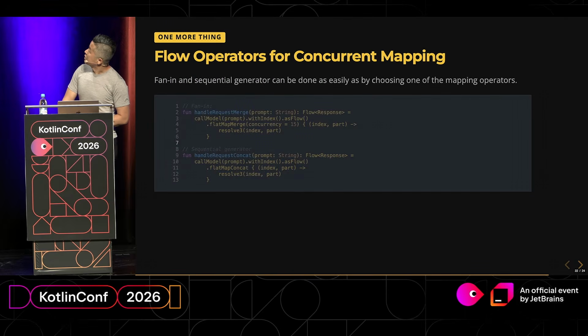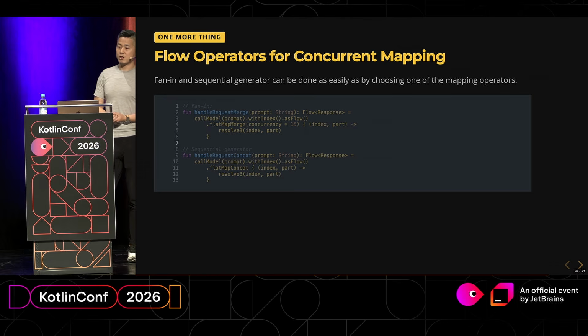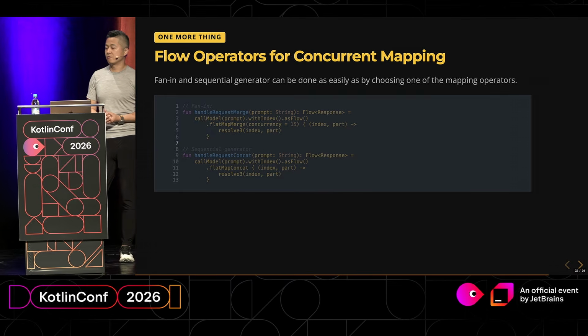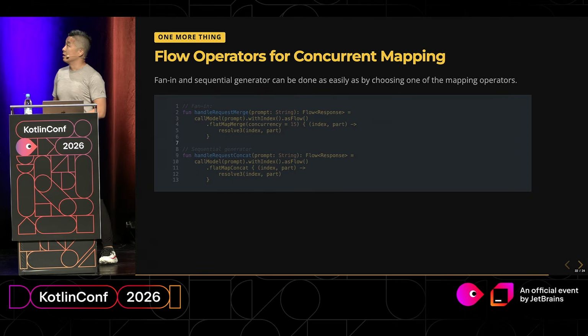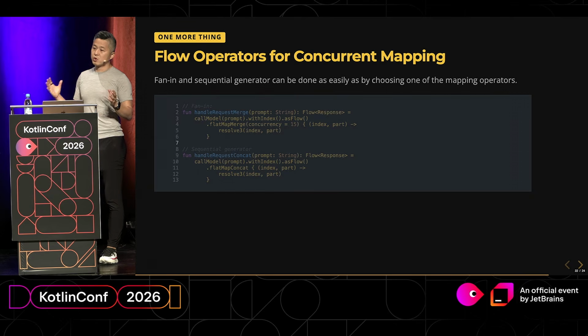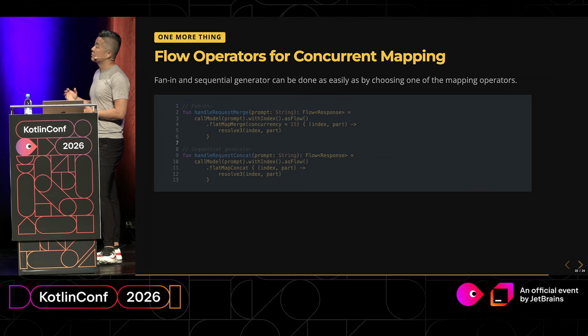All right. So this is one more thing. So far, we have talked about many of the patterns we can use to build very powerful concurrent servers and be able to coordinate between the server and the client. But the beauty of the Kotlin language doesn't stop there.